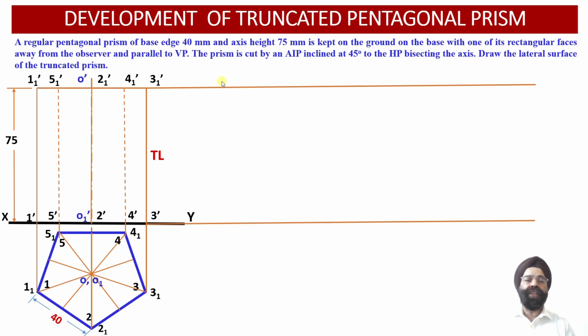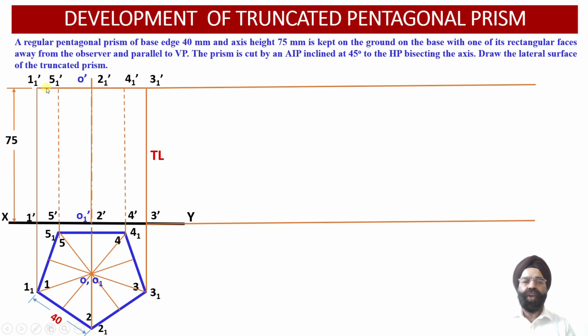Let us now proceed to obtain the development of the lateral surface of this uncut pentagonal prism. So now we are going to make use of the parallel line development method in order to obtain the development of the lateral surface of the uncut pentagonal prism.